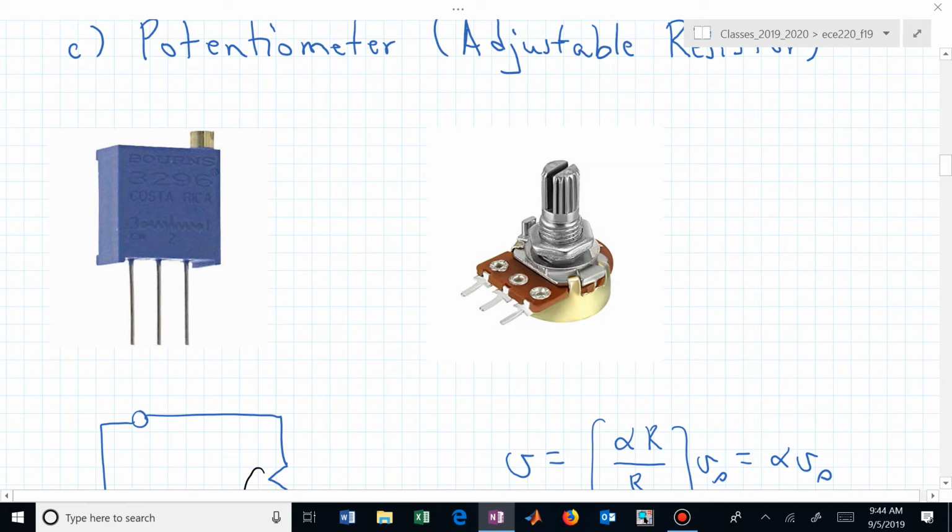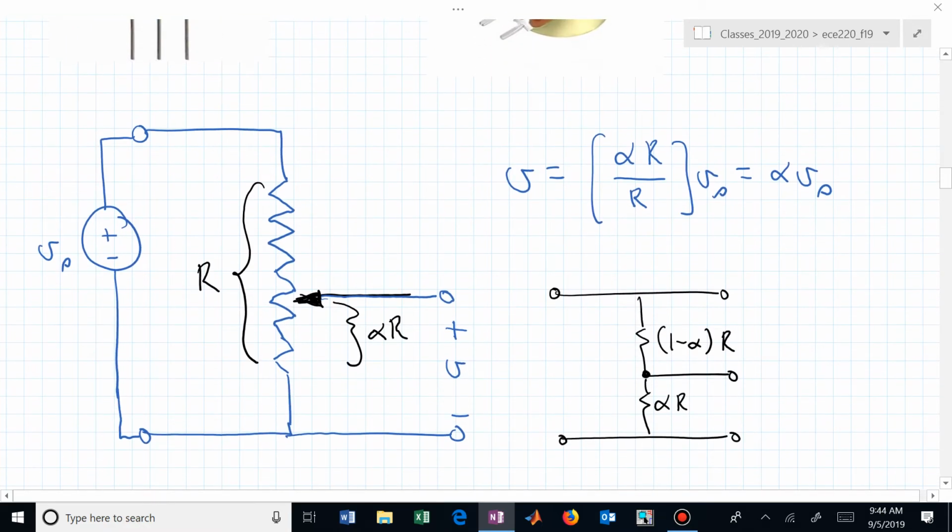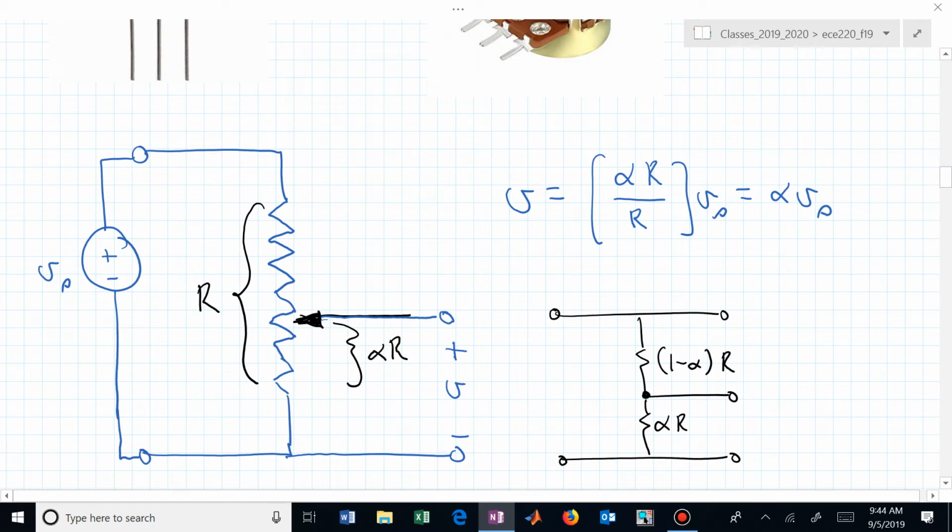Those might be 1,000 ohms, and you can twist that dial to dial in a particular resistance between 0 and 1,000. And here I'm representing that dial's setting by the variable alpha.